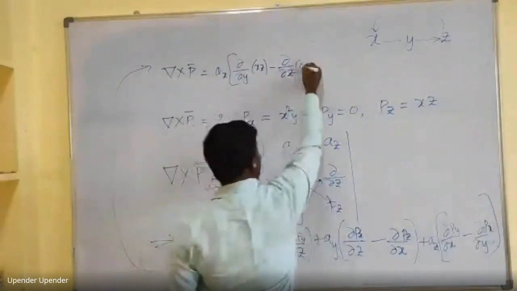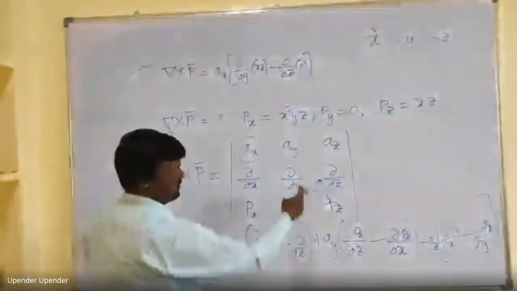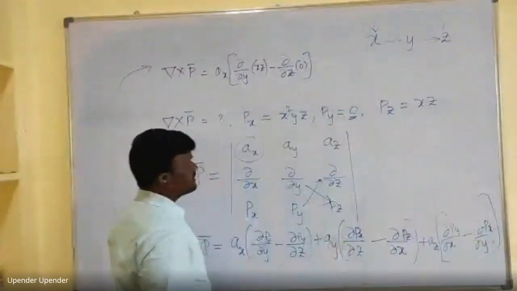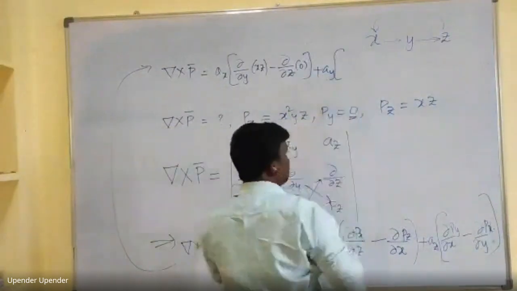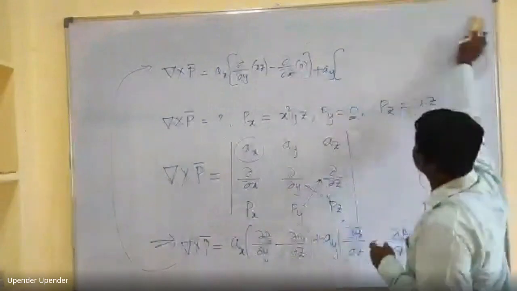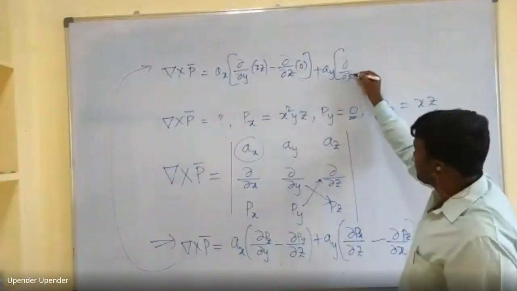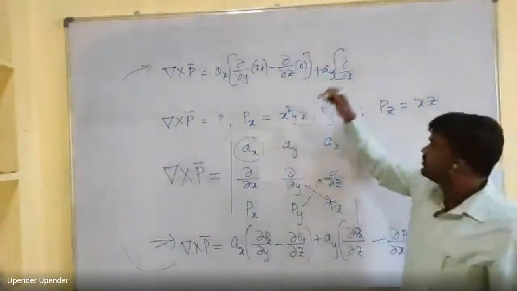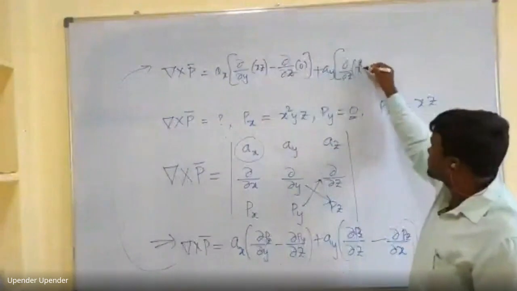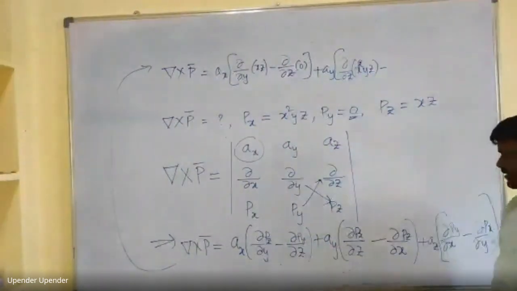Of course, the y component is 0, here Py is 0. Next plus ay. After y, we need to go for z, that is dou by dou z. Here Px, you can see it is Px. What is the Px value? That is x square yz.